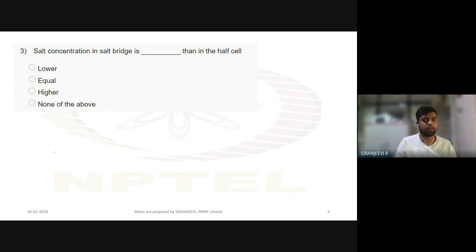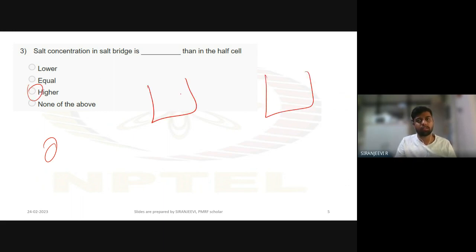So as I already told, it should be higher. The reason is the two half cells that we have talked about are connected through the salt bridge. Unless the salt concentration is higher, it will not transfer the electron from this A side to the B side. So that is why we need the high salt concentration.